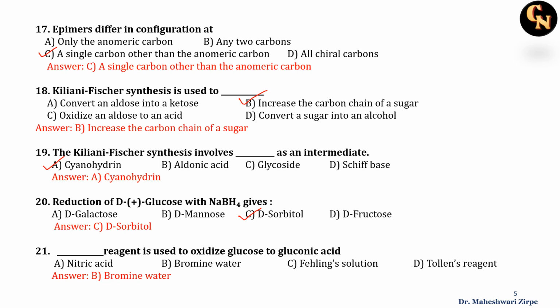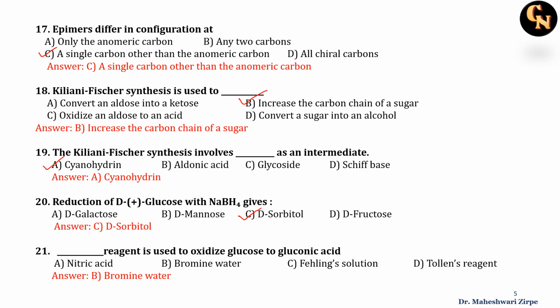So for this, children, you should know the chemical reactions, or you can solve them and see what is the product you will be getting. So the option is D sorbitol, and this is one of the very important reactions of glucose. Many a time it is asked also to complete the following reaction, or what happens when D-glucose reacts with sodium borohydride. So the correct answer is D sorbitol.